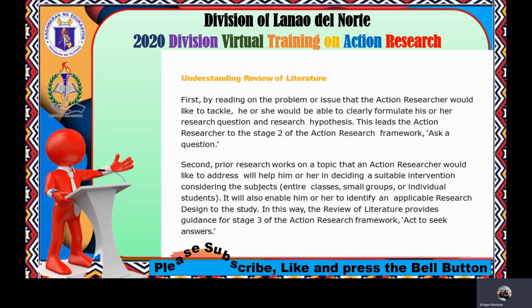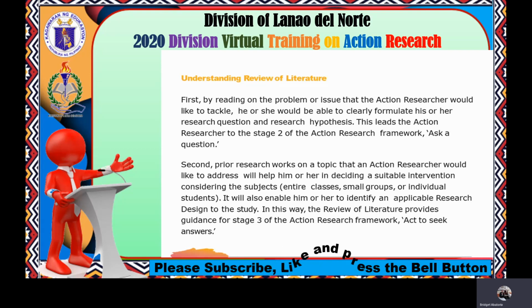So the problem in my class is that they have low academic performance in Araling Panlipunan, which is only 49.33 average MPS for the 3 quarters. So it's a problem. 49.33, it did not even reach 75%, so it is a big problem. So that's why I conducted the study.